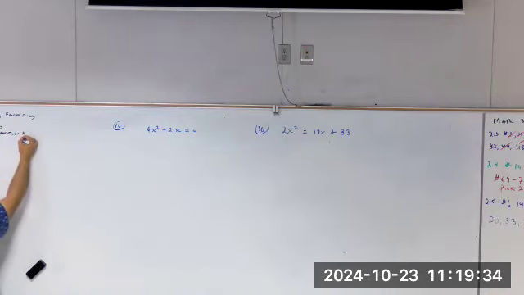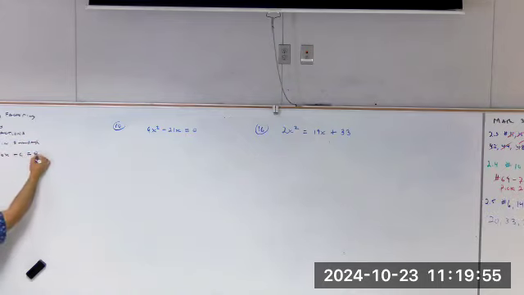If it's not ready for you, you need to rewrite in standard form, which means make one side 0. And it's ready to go.